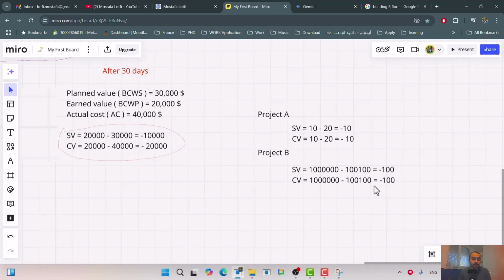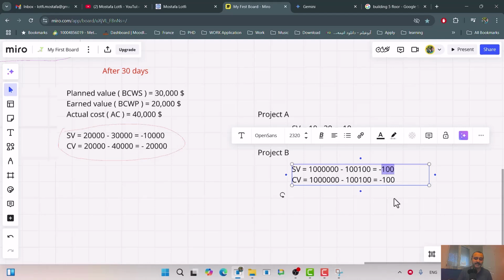From the SV point of view, yes, true, both of them are behind schedule, but the performance of project A is much worse than project B. Project B is fine, it's acceptable. But project A, no. So this is not something that you can see with the value amount here.